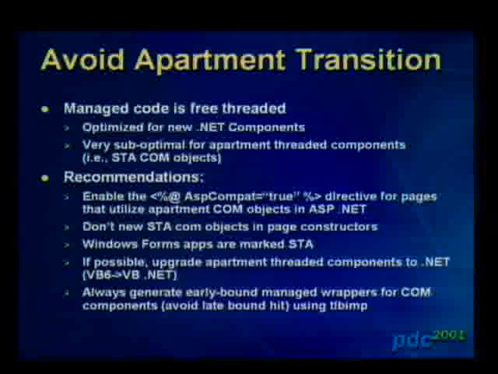And if you can afford to do that, again, I'll emphasize this: if you can afford to move your COM objects to .NET components and port that code, it's best to do that. All the numbers I've shown you earlier are with respect to fully managed code where there are no managed to unmanaged transitions happening, and that gives you the absolute best performance that you can.